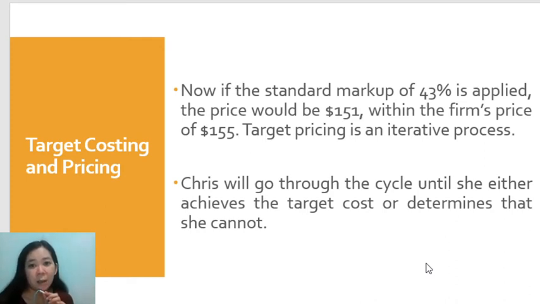So that is equal or the same with that of their competitors. So within the firm's price, target pricing is an iterative process. Here, they will have to set some rules, guidelines, and reductions of the cost so that they will be able to reach their target costing and pricing so that they can compete in the market.